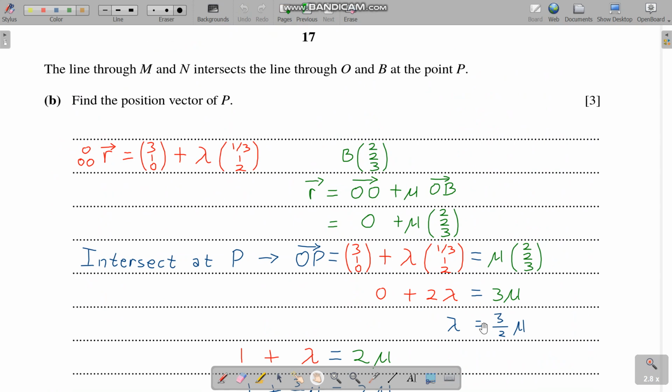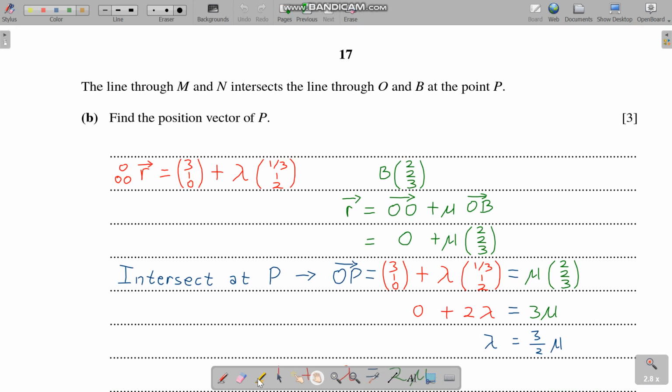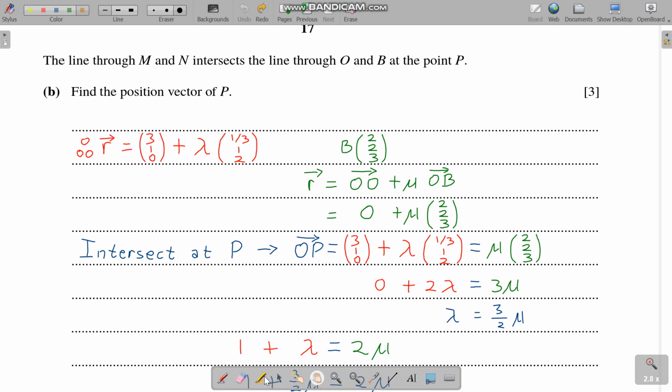And part B, the line through M and N, which is this line. Previously we have this line MN intersects the line through O and B at the point P. So we need to find the line equation through O and B. Previously we know the point B. For the line through O and B, we can use one point, which is O or B. Of course, it's simpler if we just use the origin, 0, 0, 0.